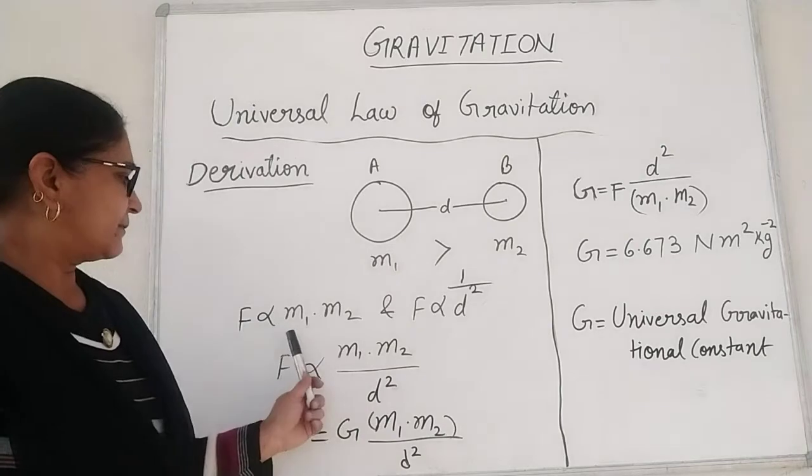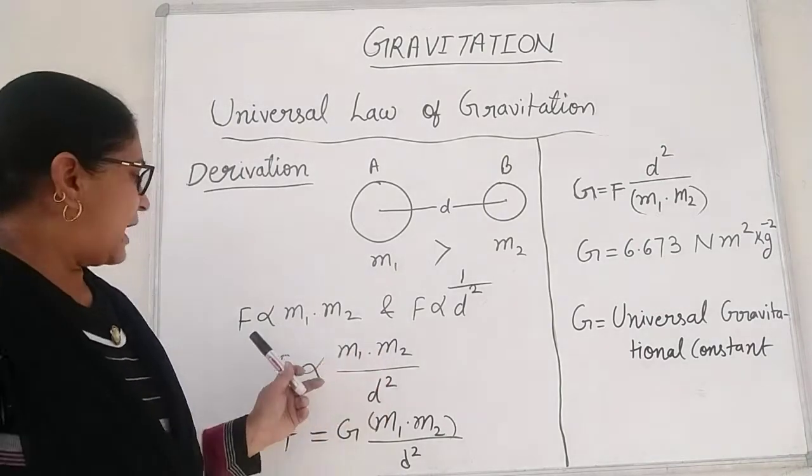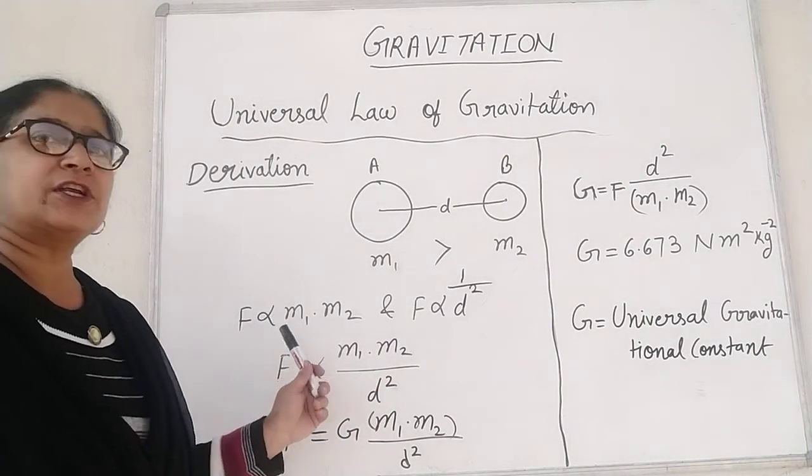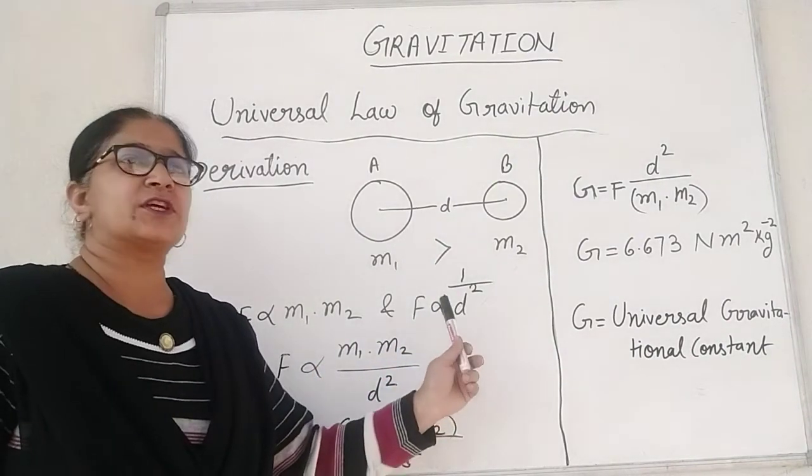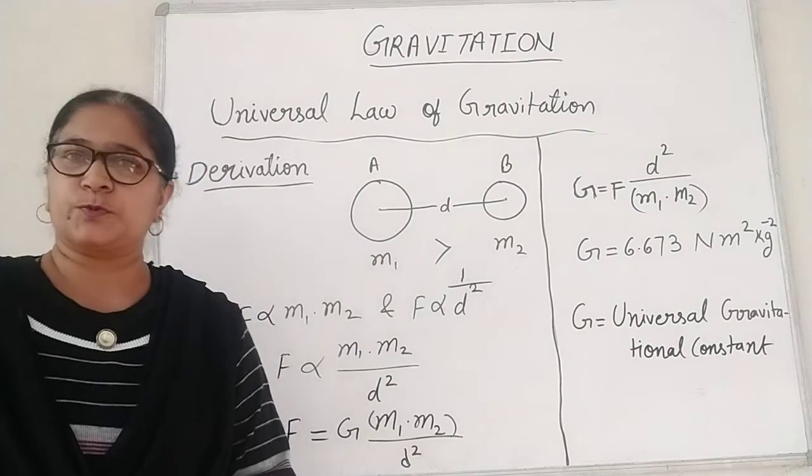So we can write F is directly proportional to m1 times m2, and F is inversely proportional to 1 by d squared.